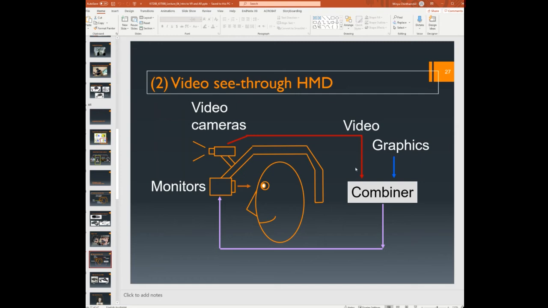You get the red one, which is the real world image capture, and the virtual content and graphics, and you combine them. This could be a simple program that you run, and you project them all together. So you will see the captured real world image and then the virtual augmented content right on top of it. This becomes easier.